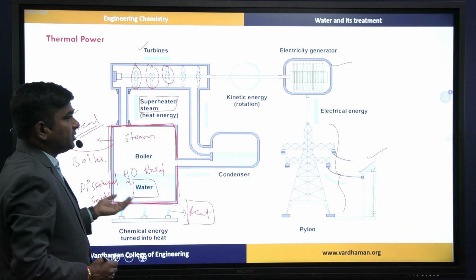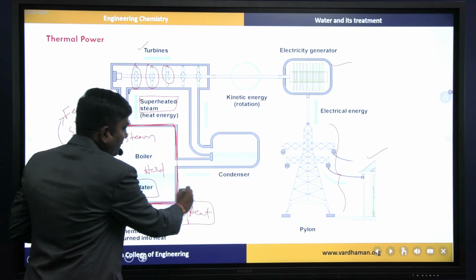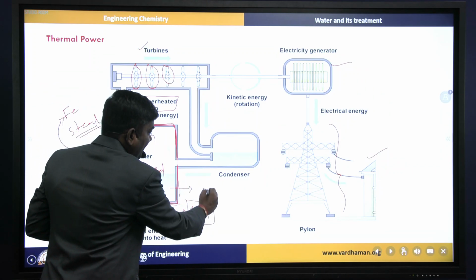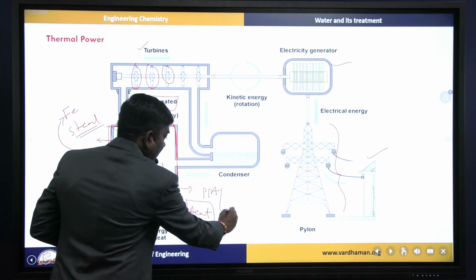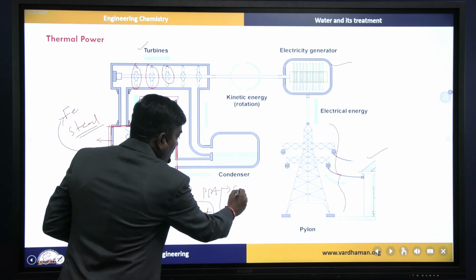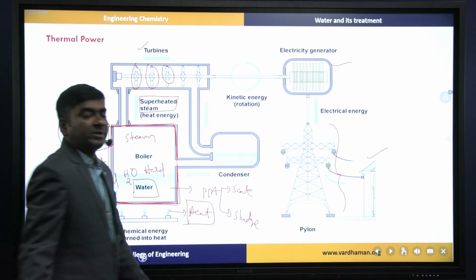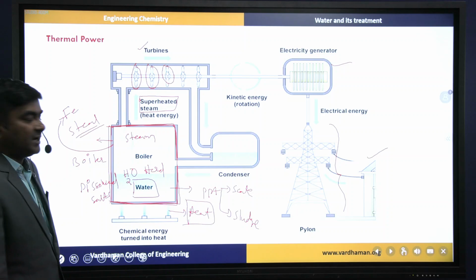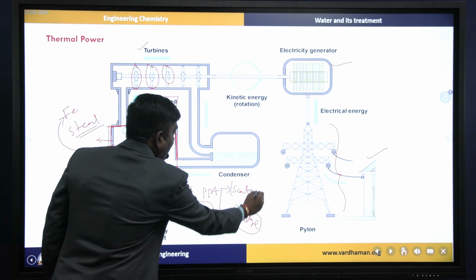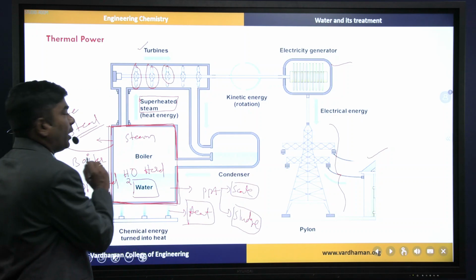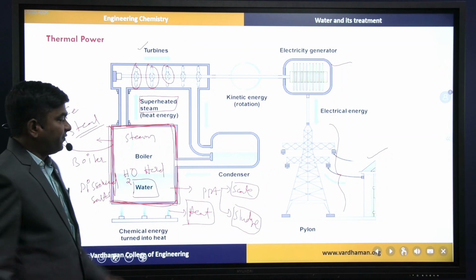That may lead to formation of precipitates, which may lead to formation of scale and sludge. These sludges and scales affect the function of the boiler and the walls of the boiler.